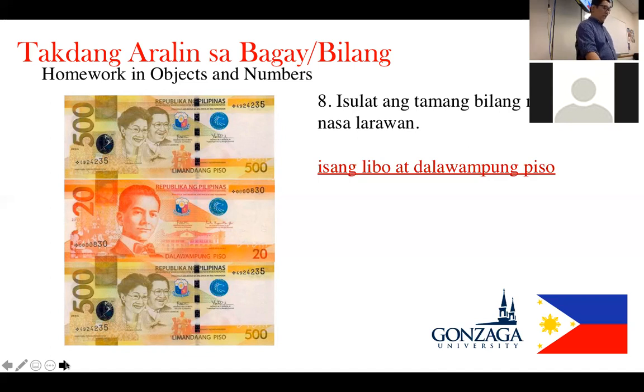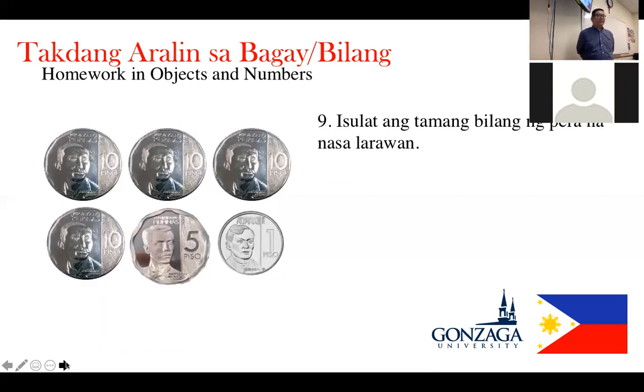Okay. Number 9. Let's go to Aliyah. Isulat ang tamang bilang ng pera na nasa larawan. 46 na piso. 40 at anim na piso. Okay, or 46 na piso.